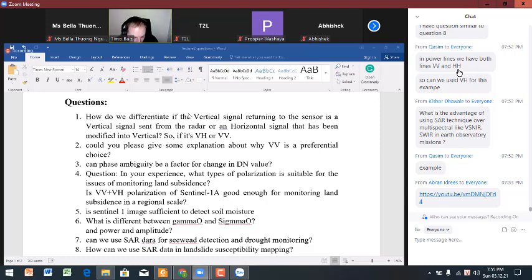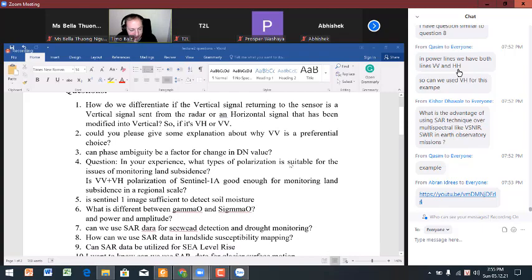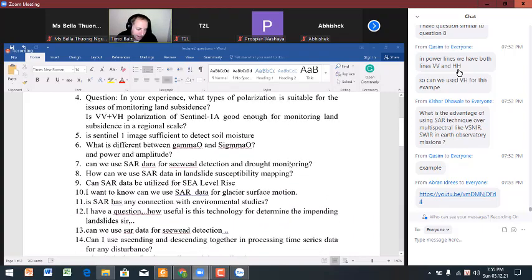Is there a difference between gamma naught and sigma naught, and power and amplitude? That's a good one. I'm actually not sure. Typically we have the difference between amplitude and magnitude.